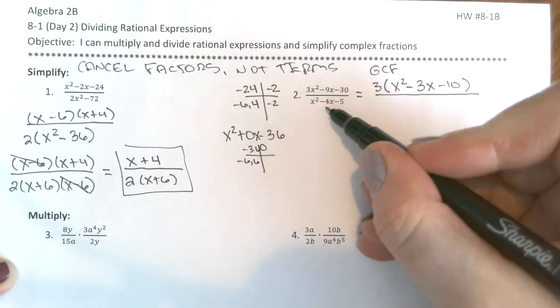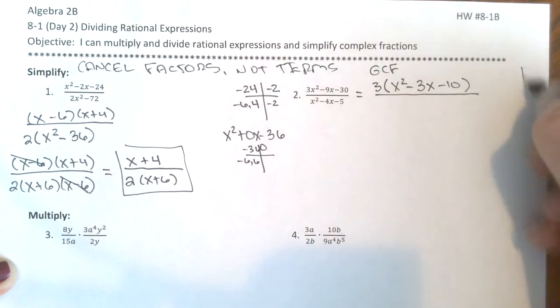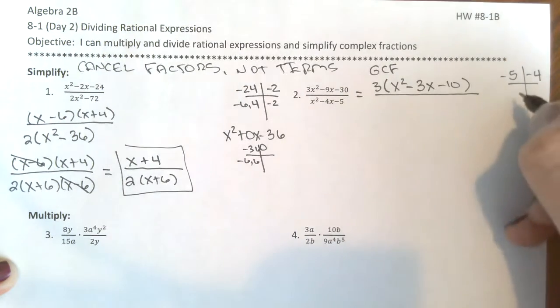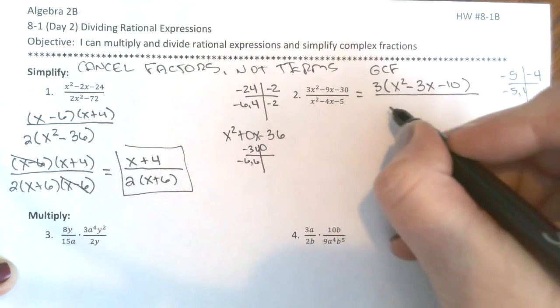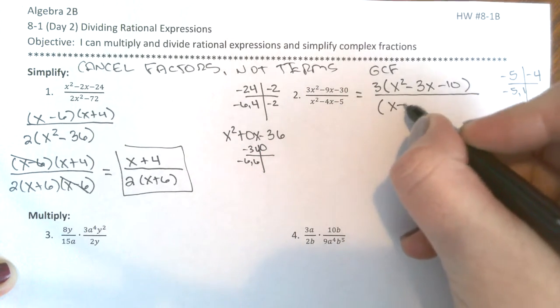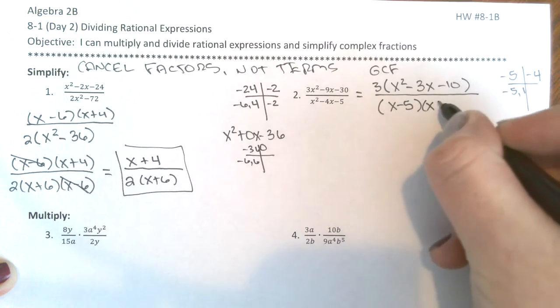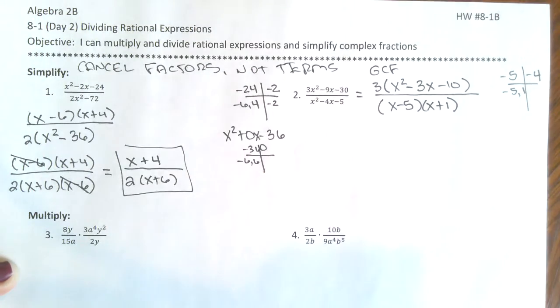In the denominator, I need factors of negative 5 that add to negative 4. So that's negative 5 and 1. So I know that my denominator is going to factor as x minus 5 and x plus 1.